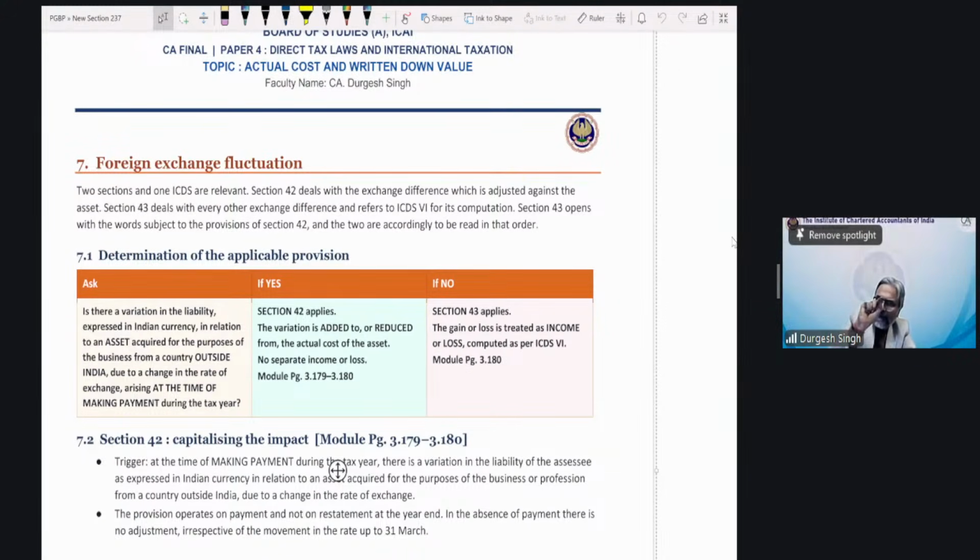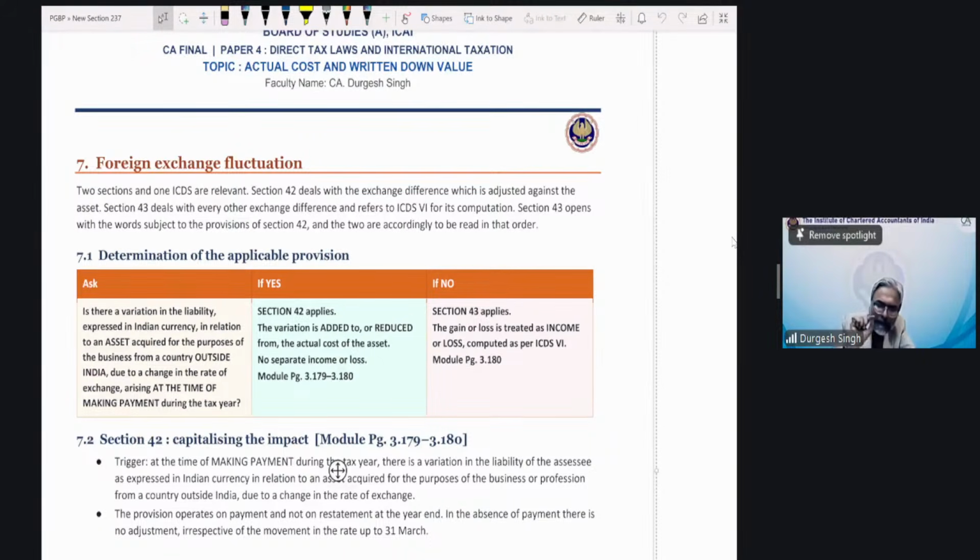And therefore, in the case of foreign exchange fluctuation, students, there are two sections given to you, which are section 42 and section 43. Earlier it was primarily in the form of 43A, 43AA. Now it is section 42 and 43. The two sections and one ICDS are relevant for treatment of foreign exchange fluctuation.